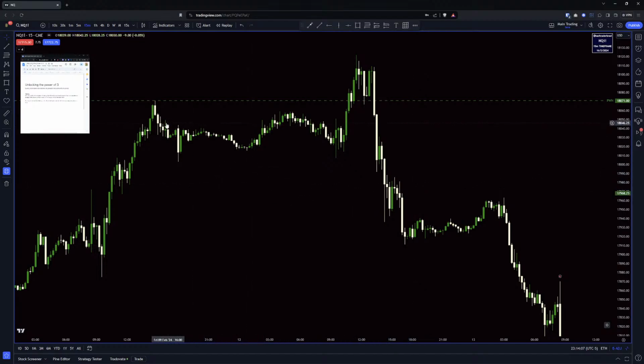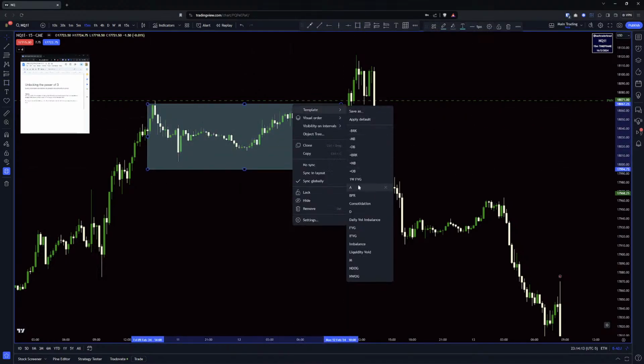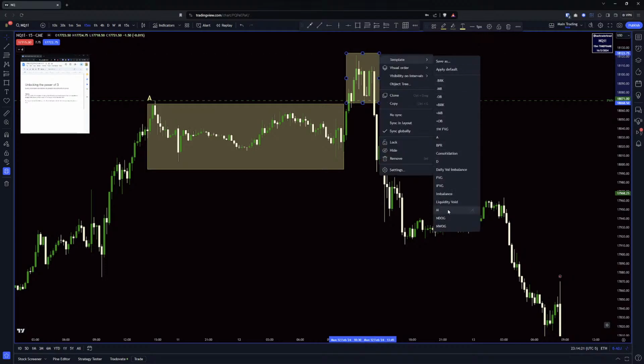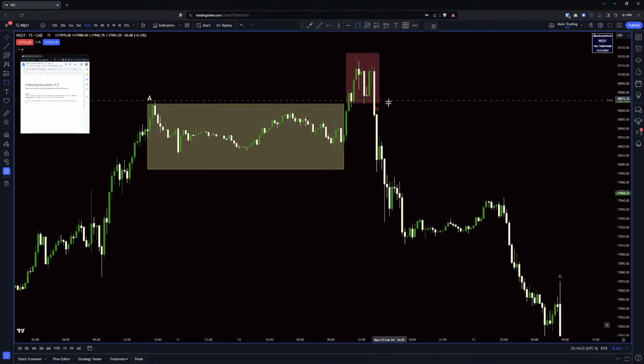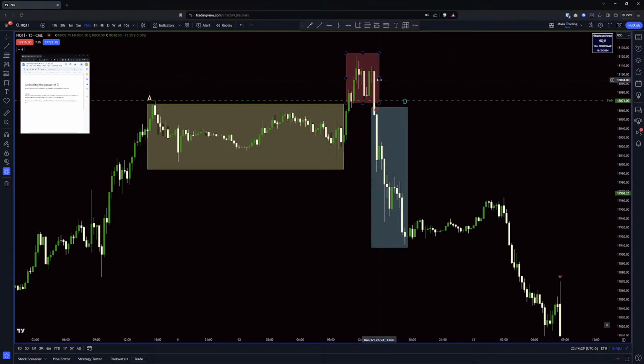So we start out the week. We have clearly an accumulation here, right? We have a manipulation upwards, and we have a distribution downwards starting Monday, right?